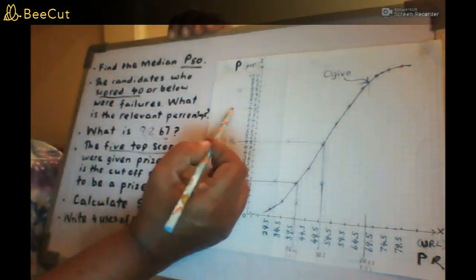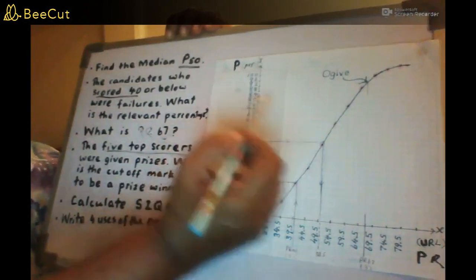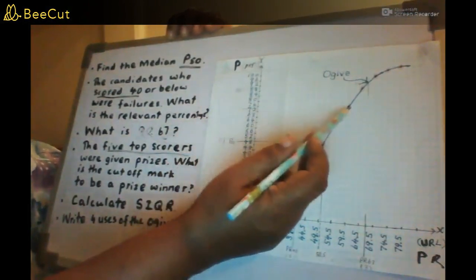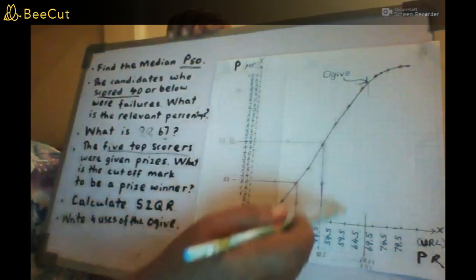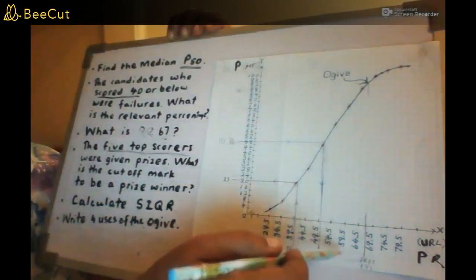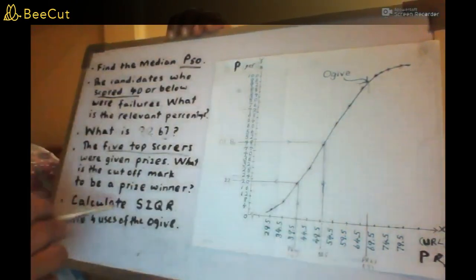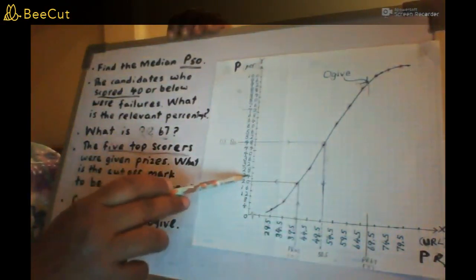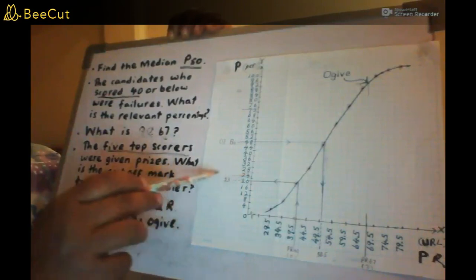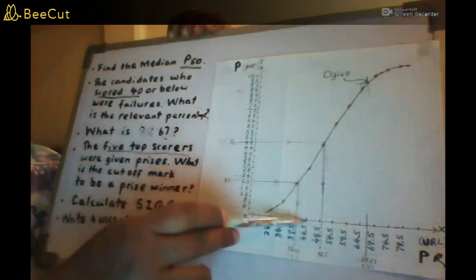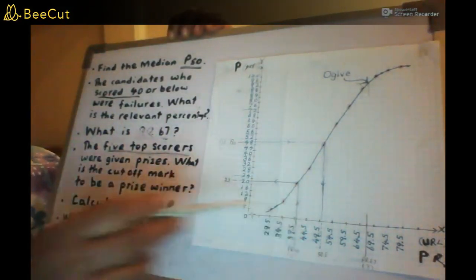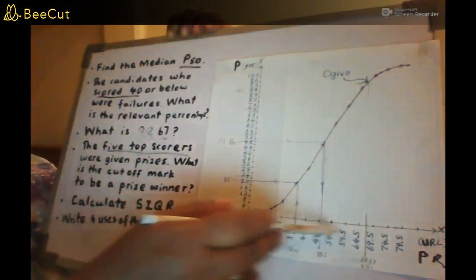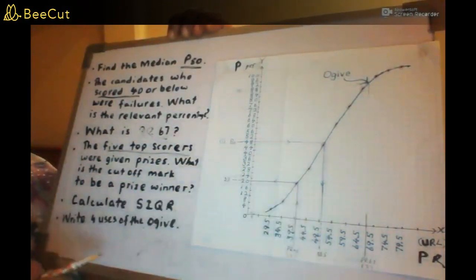You write P75, draw a line, then downwards draw a line and find the value. Similarly, find P25. Where's 25? Somewhere here. Draw a line and find the relevant mark. So for SIQR you get the difference between those two and divide that by 2.